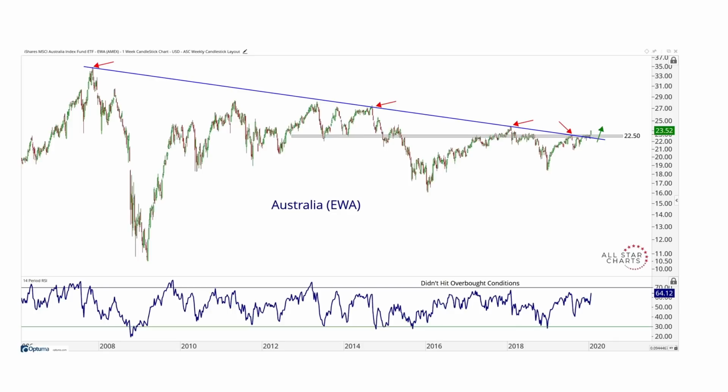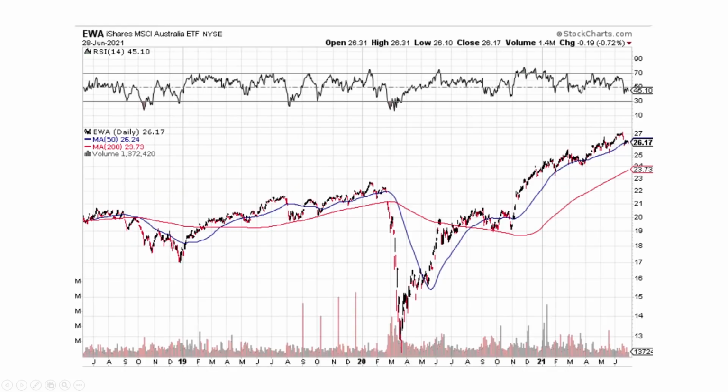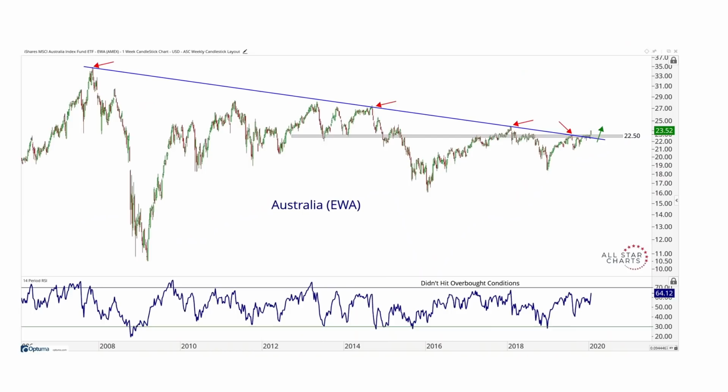This is another signal that the commodity boom is happening, and we were seeing it across everything. So this is another massive trend line that's breaking to the upside for Australia EWA. This is the iShares MSCI Australia Index Fund. Here is real time. We're at 26.17. We're actually now up here. So we've for sure got a clear breakout.